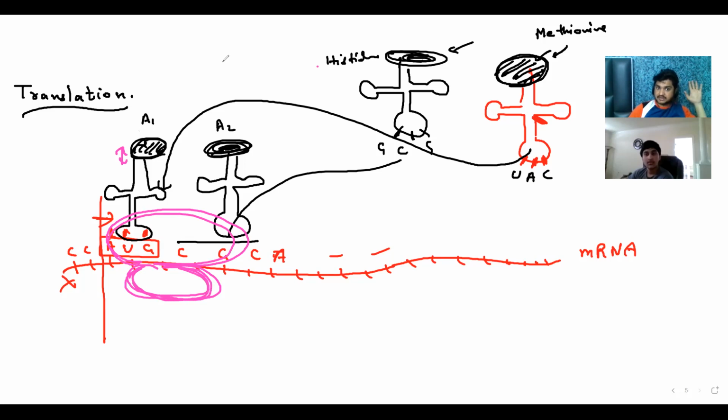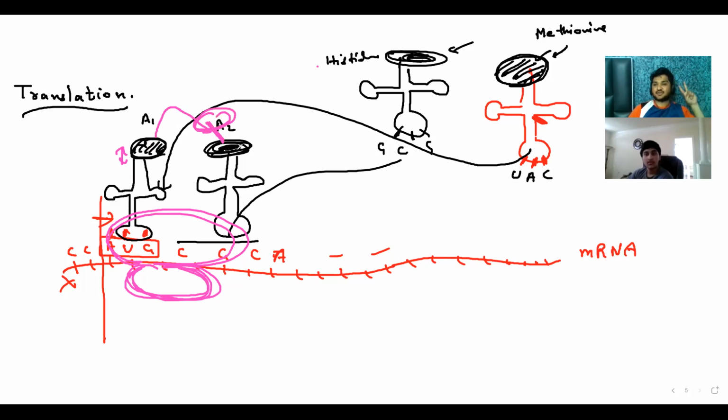This amino acid is leaving the tRNA and coming over here on this amino acid.